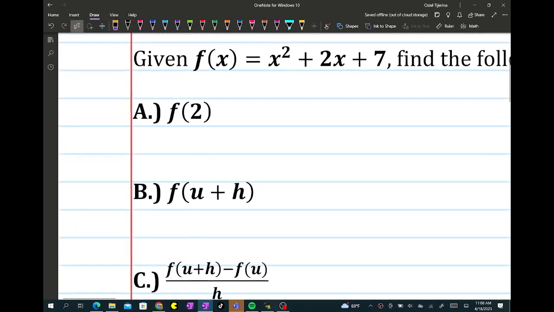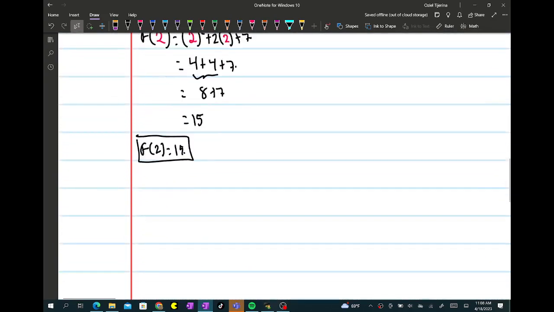Now part B is a little more difficult. For part B, what they're asking is for us to evaluate f of u plus h.